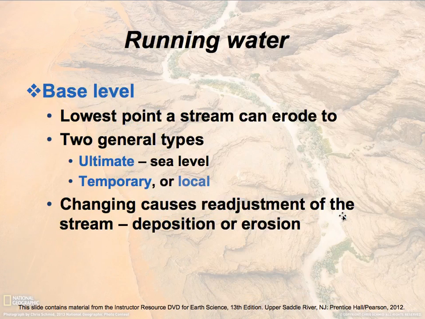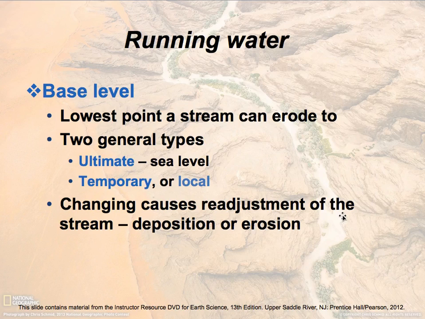Base level is a concept in stream flow where the stream can no longer erode below. You can often think of that as essentially its outlet, wherever the stream stops moving, either coming into an ocean or a lake.